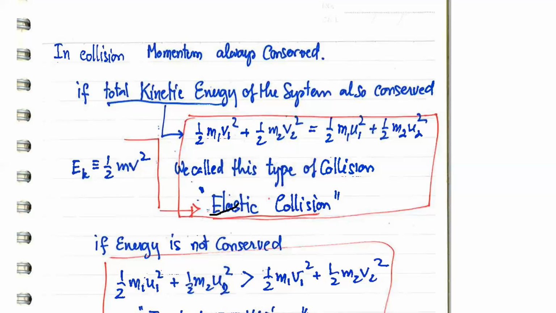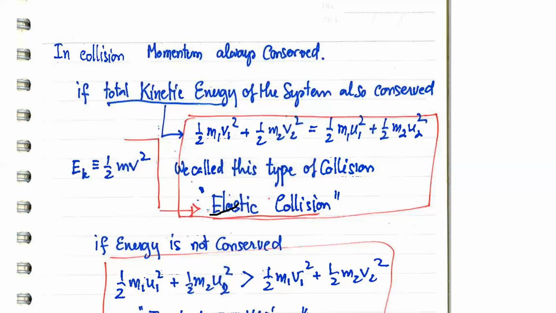Now, if the energy is not conserved, it means that the energy is changing into some other form. For example, the sound, the heat, or breaking of someone's bones or something else.